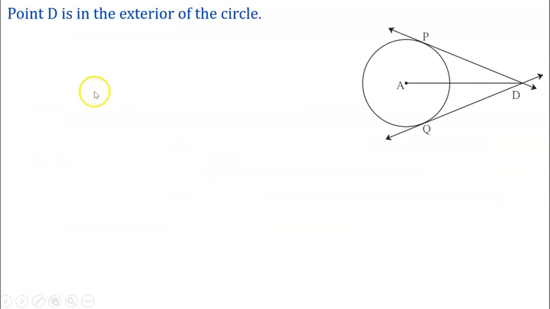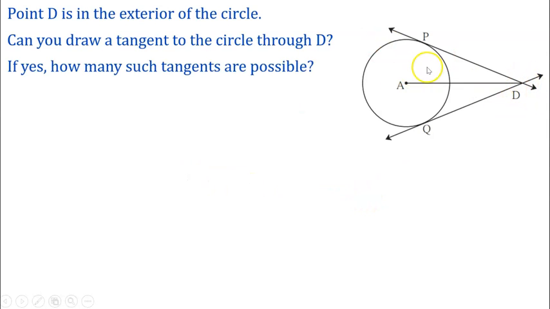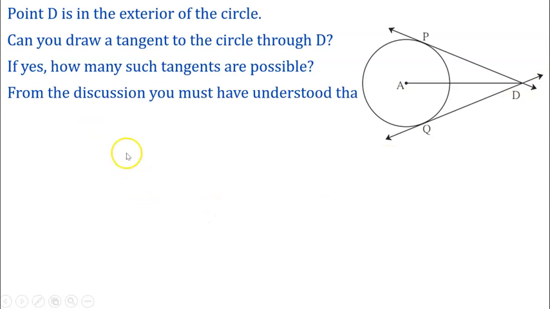Now next, point D is in the exterior of the circle. Can you draw a tangent to the circle through D? Yes, we can draw two tangents from the point D. These are the two tangents, PD and DQ.